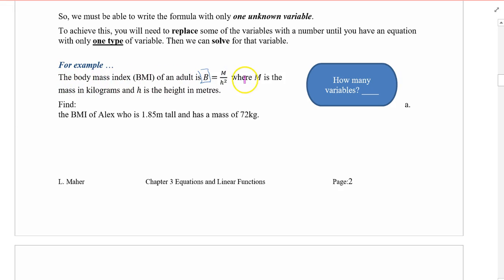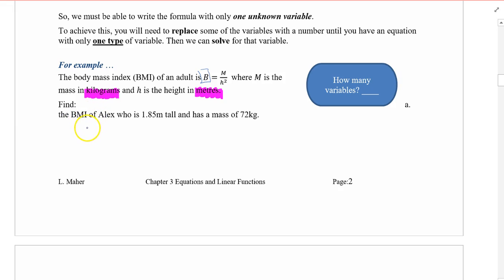It says here, where M is the mass in kilograms and h is the height in metres. You will see situations where something similar to that has been the explanation for the formula, and then they give you data that doesn't match that. That's not the case in this question.